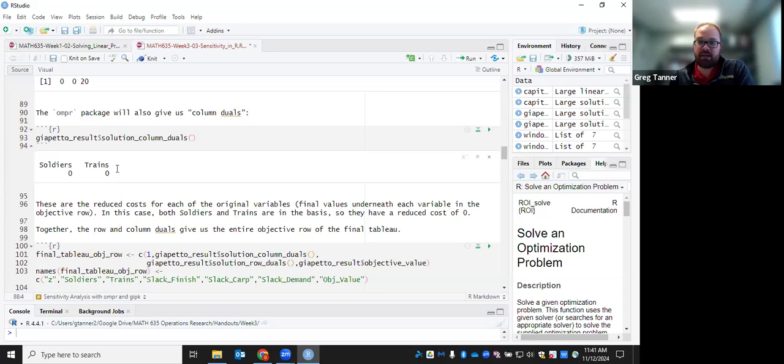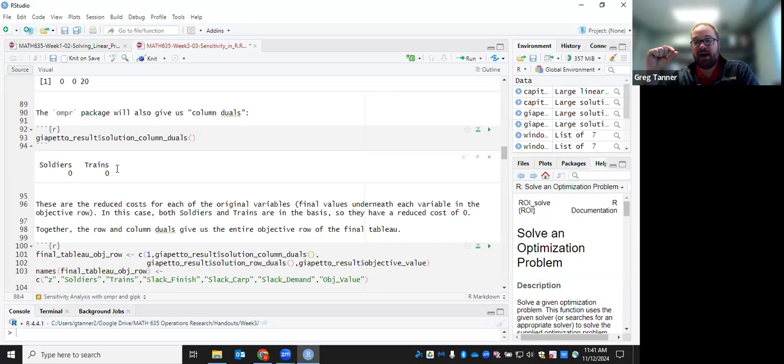But in another scenario where we had more products that we were considering, we might have one product that is non-basic, meaning that we're not making any of that product. And then that reduced cost would represent essentially the difference between the profit for that product and the value of the resources that that product takes up.